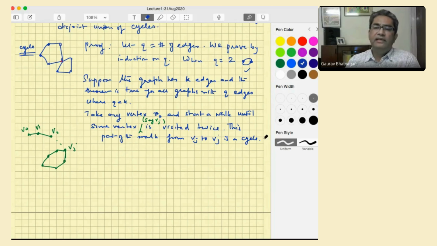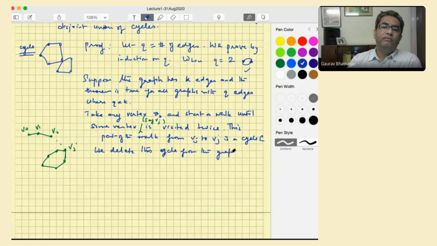And what we do is, let's say, call it C. So we delete this cycle from the graph, and obtain a graph, let's say H, with less than k edges and all vertices of even degree.